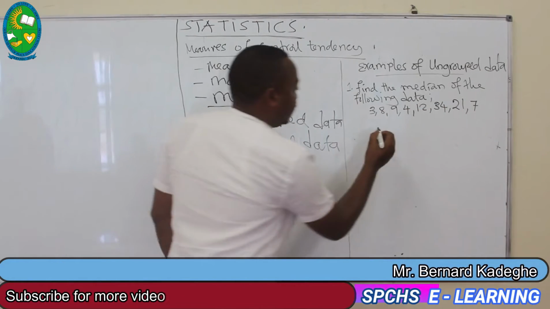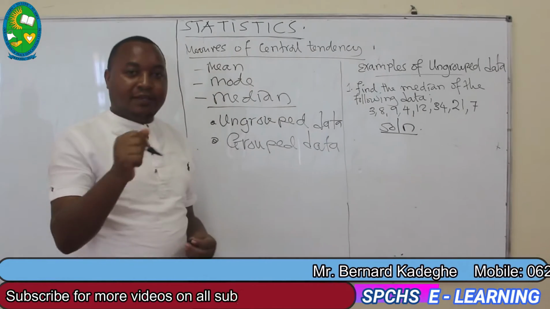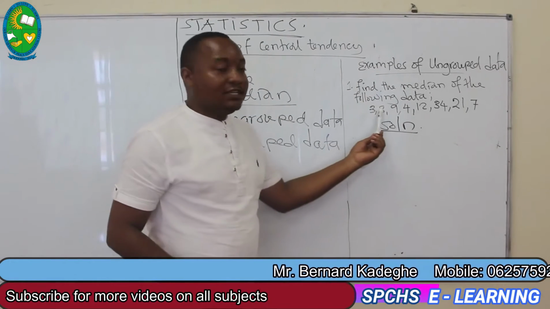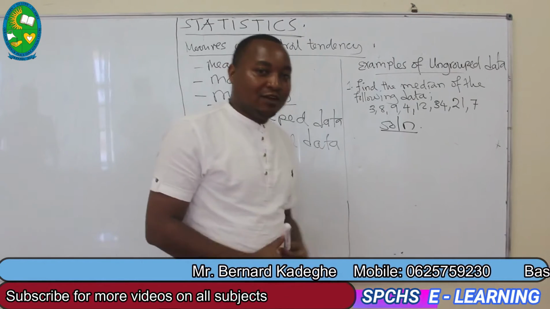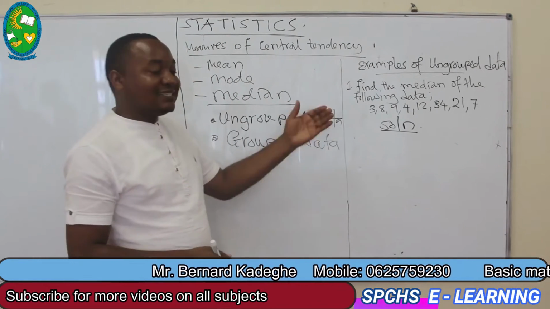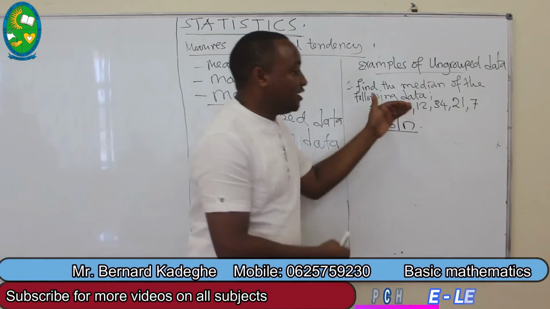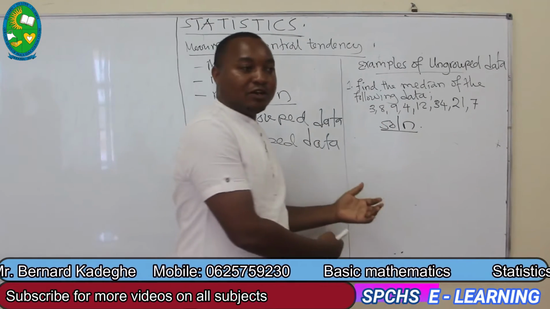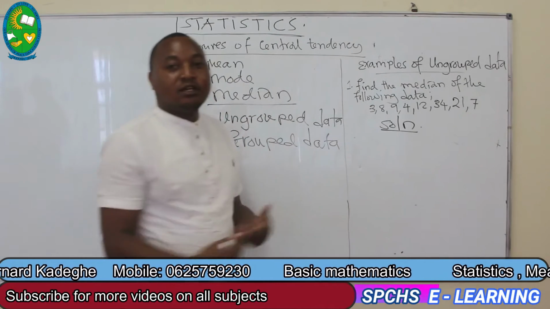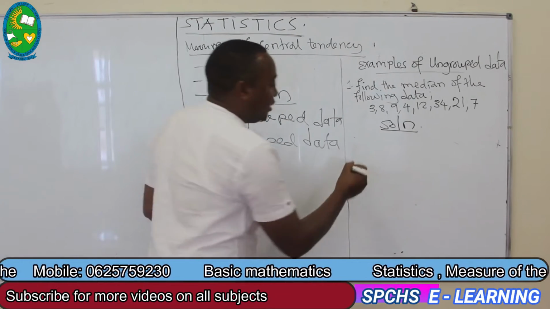So the solution for this, the first thing to do is arranging this data in ascending order or descending order. You just choose which one. Ascending order is arranging the data from the smallest to the largest, but descending order is from the largest to the least, right? So we choose to arrange them in ascending order.